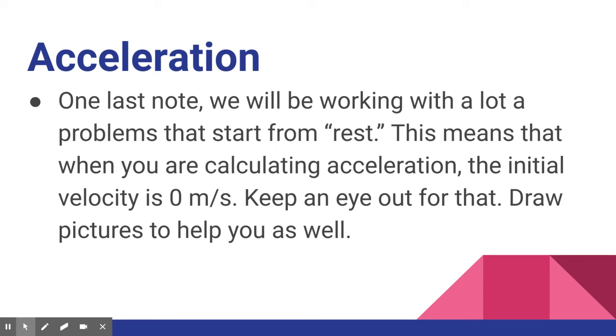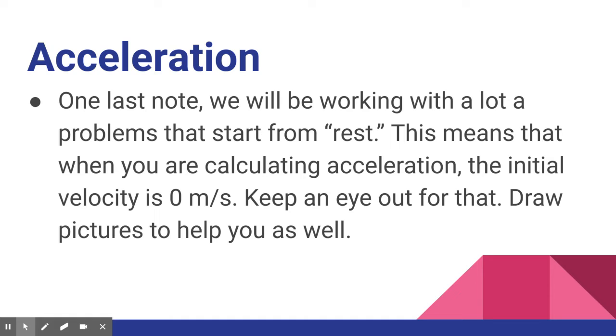And one last thing to make note of, and this is something you've got to be careful of. We'll be working with a lot of problems that talk about something starting from rest. A good example would be before you fire a firearm.